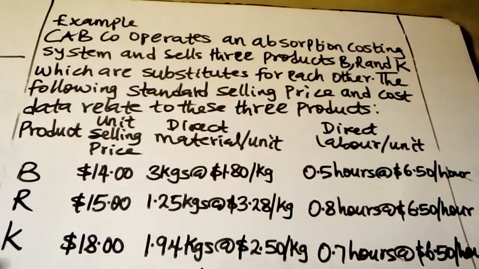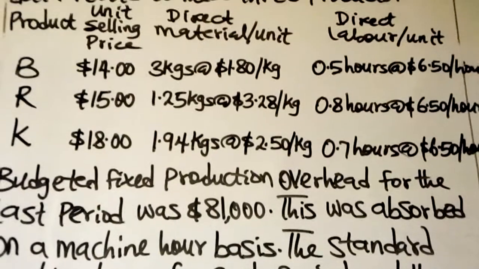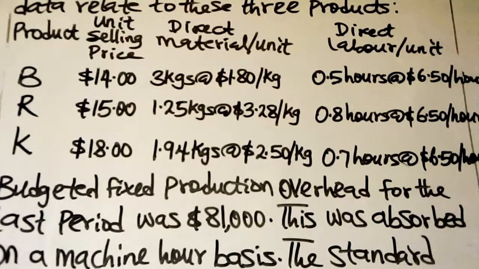Then we have K, $18 is the selling price, direct material 1.94 kgs at $2.50 per kg, and direct labor is 0.7 hours at $6.50 per hour. So those are the cost details.